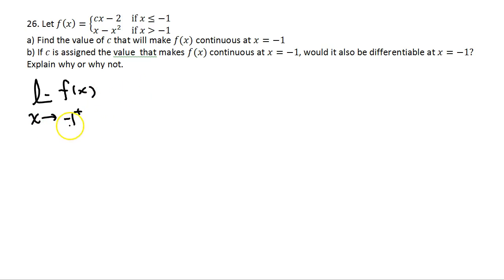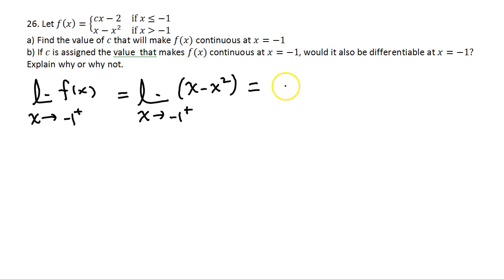Okay, what is the limit from -1 plus? Which one should we use in this case? Because -1 plus means it's slightly bigger than -1, we should be using this definition, x minus x squared, because that's the case when x is slightly bigger than -1. So you need the limit as x goes to -1 plus of x minus x squared, and then we can plug in -1 here, so -1 minus (-1) squared.